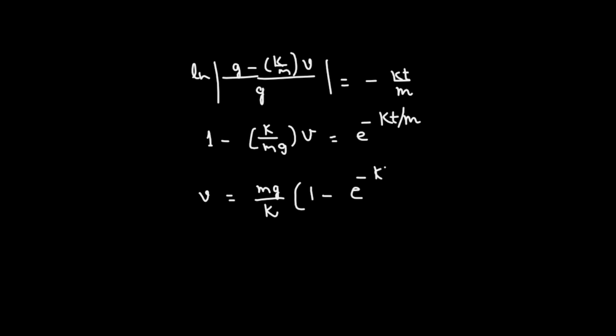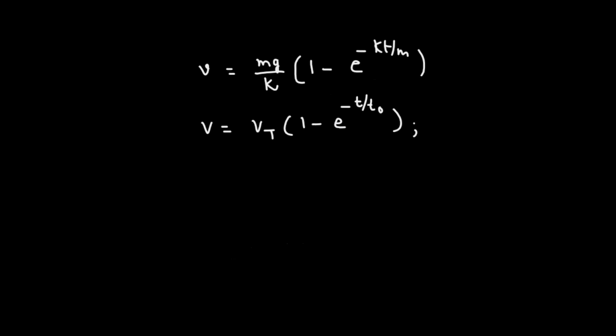power negative kt over m, which is v equals vt times 1 minus e raised to the power negative t over t naught, where vt, the terminal velocity, is given by mg over k, and the time constant t naught is given by m over k.